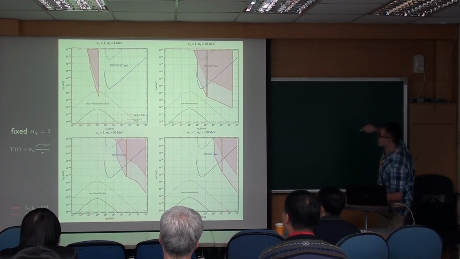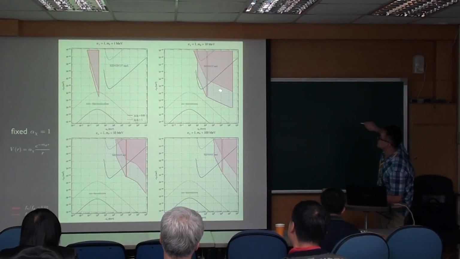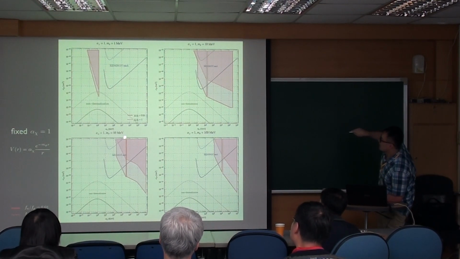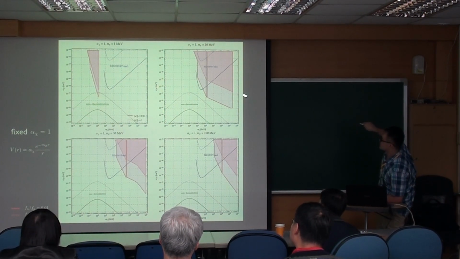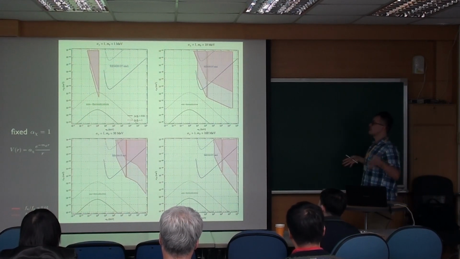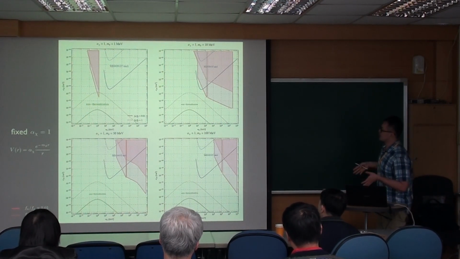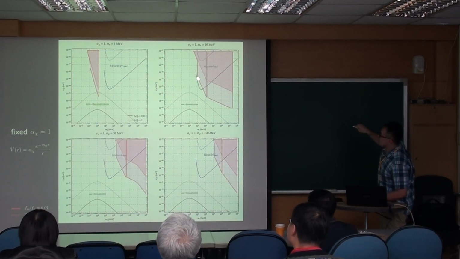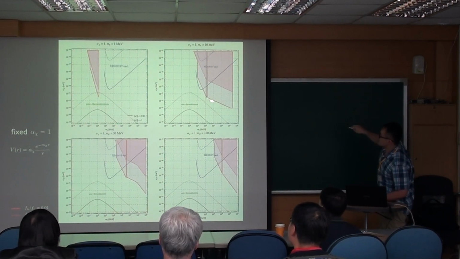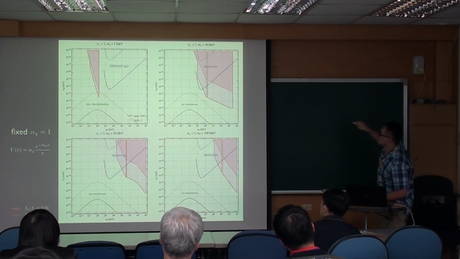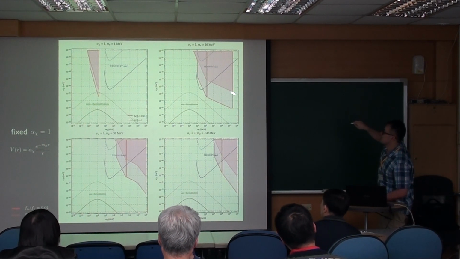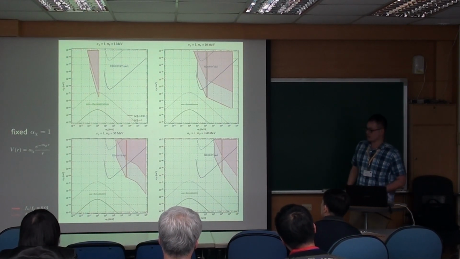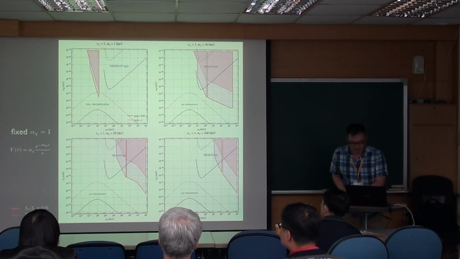You can see from these plots that the heavier mediator mass gives significantly broader excluded regions, according to the numerical result. On the other hand, the region enclosed by the red solid lines in the isospin violating case is, of course, much larger than the excluded region in the isospin symmetry case. So this is our numerical result.